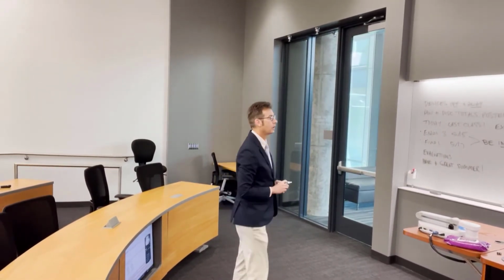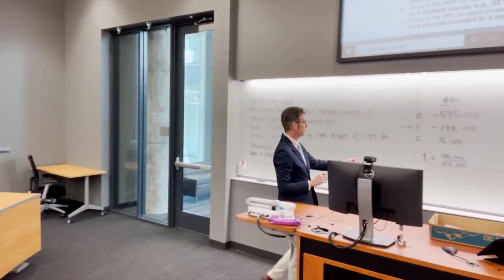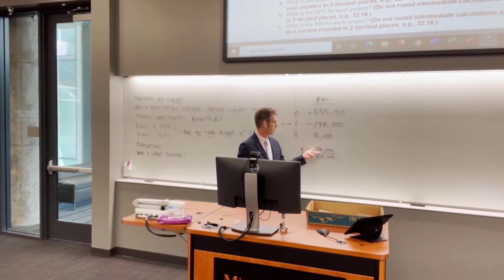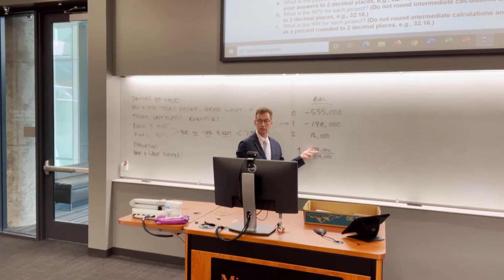In this case, at the end of year 1, we still owe 198,000. And we're going to be collecting 214,000 during year 2. So somewhere toward the end of the year, I can tell it's going to take almost all year to get there. We're going to break even, and we're going to find out right now where that is.